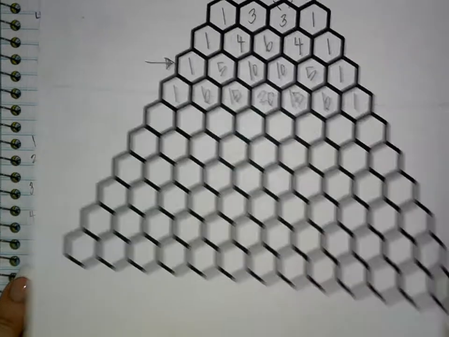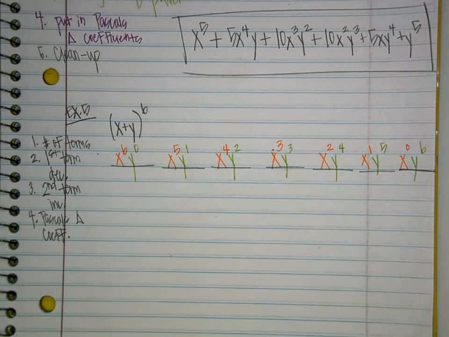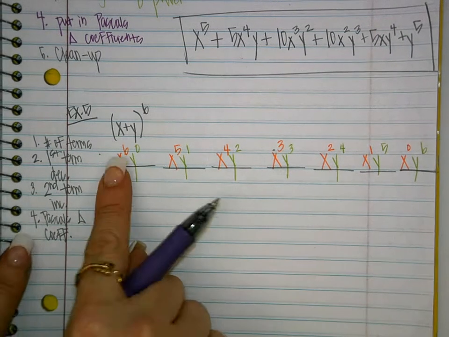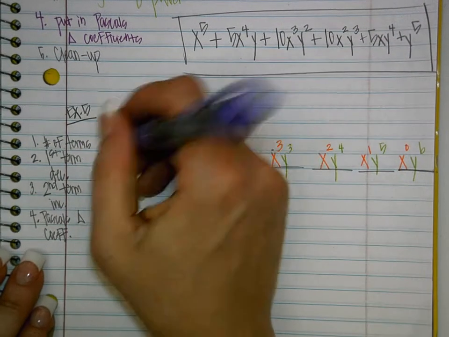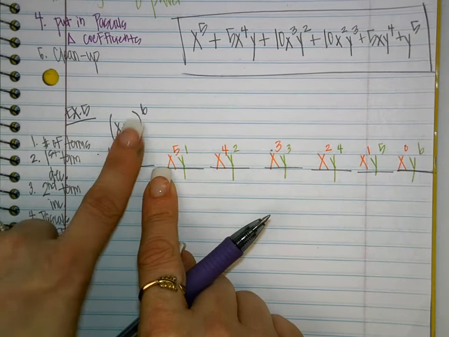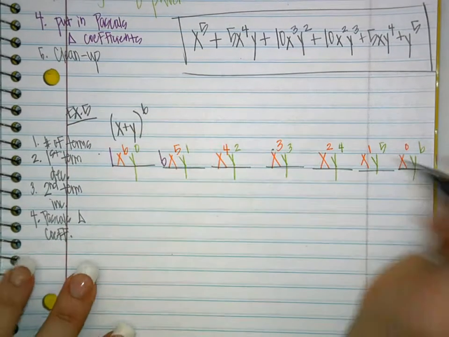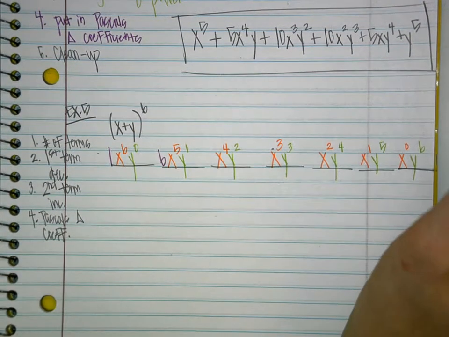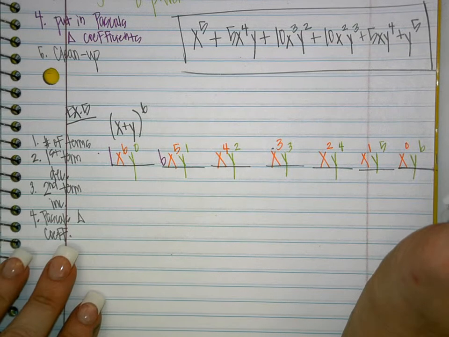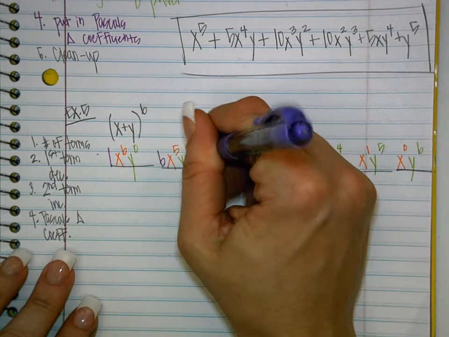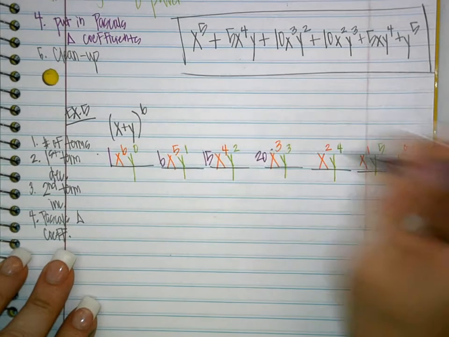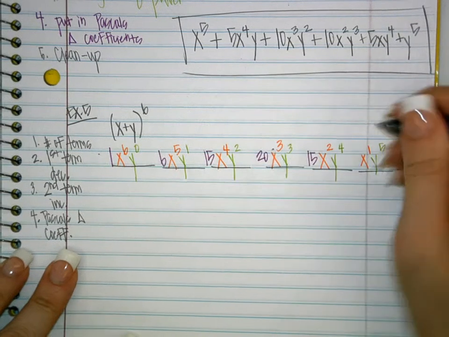What are your Pascal's triangle coefficients going to be here? The first one is always what? 1. The second one always matches the total. So those ones are always really easy. Then you kind of need to have the triangle. So what's after 1 and 6? 15, 20, 15, 6, and 1.